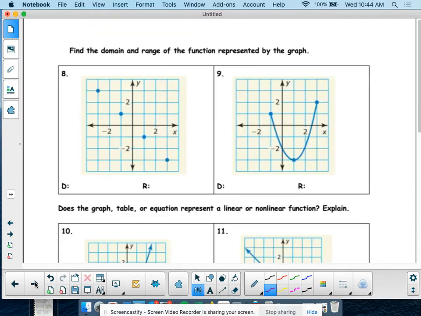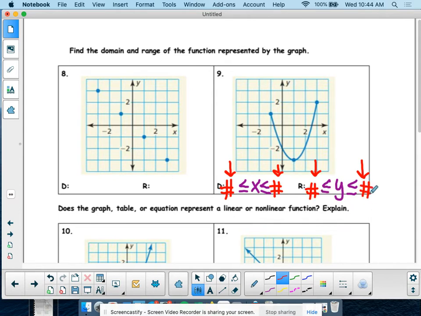On the next page here, finding domain and range, you guys should be okay with that. I'll give you a hint on this one. It's going to be like this, where x is in the middle and y is in the middle. So you guys have to find the numbers that go here and here and here and here. There's a number that goes there. So you guys have to figure out what these numbers are, okay?